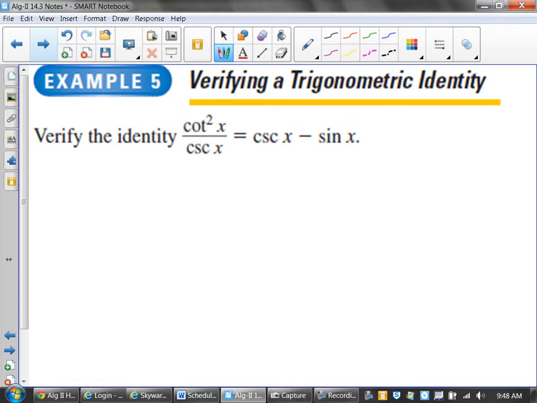You use some of those adding and subtracting and move stuff back and forth. Again, you can do the same thing with cosine squared would be 1 minus sine squared. Sine squared would be 1 minus cosine squared, just by moving sine and cosine to the other sides. So here my numerator then would be cosecant squared minus 1 all over cosecant.